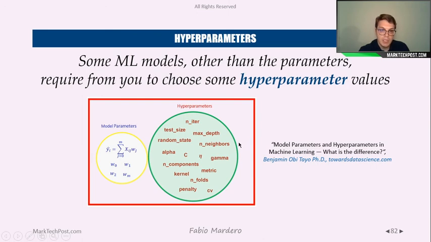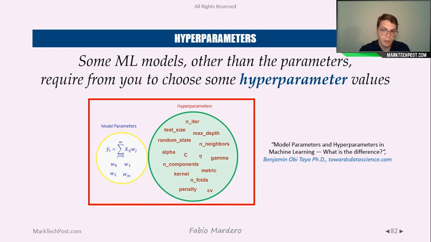But some machine learning models are more complex than what we have seen so far. Right now we have seen that the machine learning model is a function which has some parameters in it. But usually the machine learning models have, other than the parameters, some hyperparameter values.